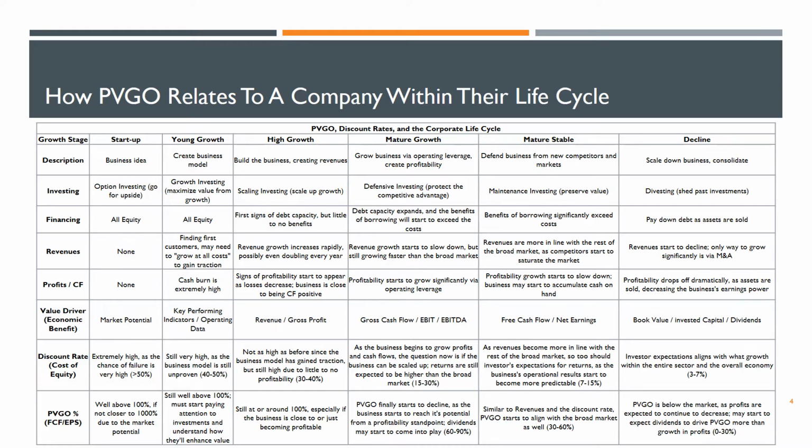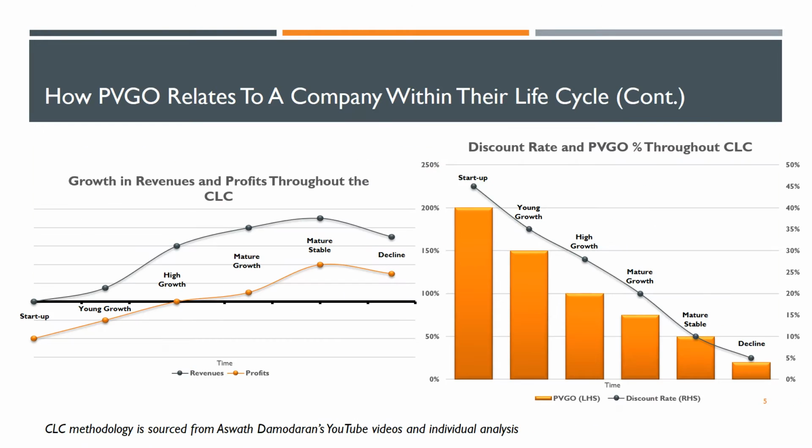In each of these stages, there's a different value driver that needs to be evaluated, as well as extreme changes in the discount rate and the PVGO percentage to consider. As a better illustration, let's look at these two graphs.